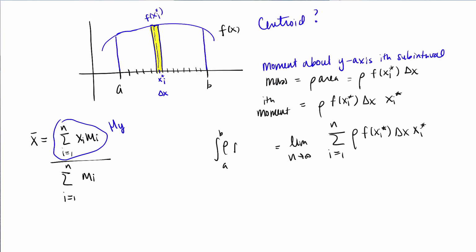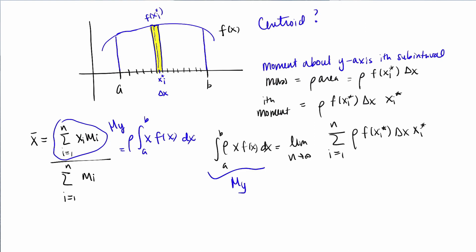Let me put it before here, x f of x, and then delta x becomes dx, okay? And so now what I'm saying is that this is just my moment about the y-axis. So the x coordinate of the centroid becomes the integral from a to b of rho, which I'm going to take out because it's a constant, and then x f of x dx, okay?